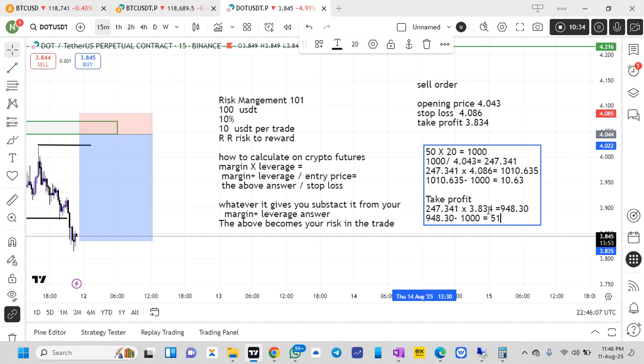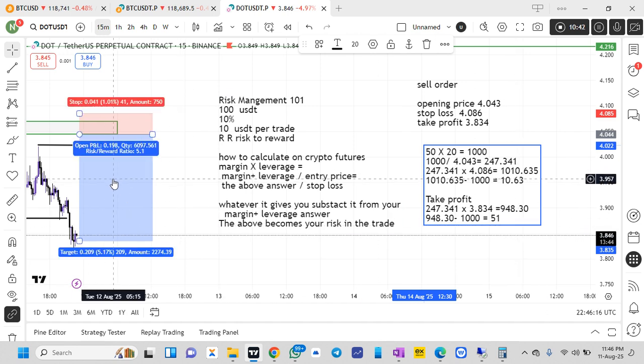So you know that for every $10.63 you risk, you're making $51. It means that if you are taking a 1 to 5 trade, for every $10 you risk, you are making $51.